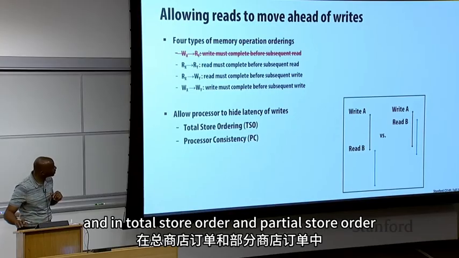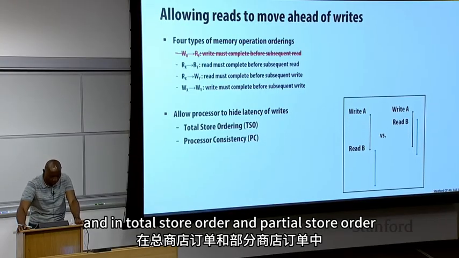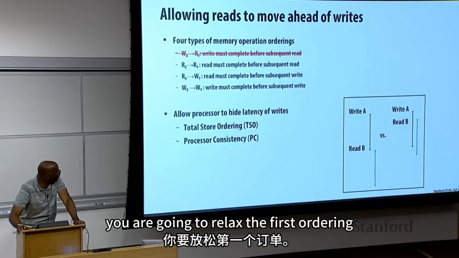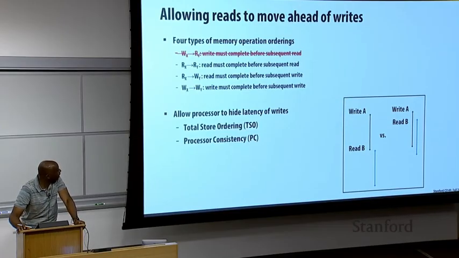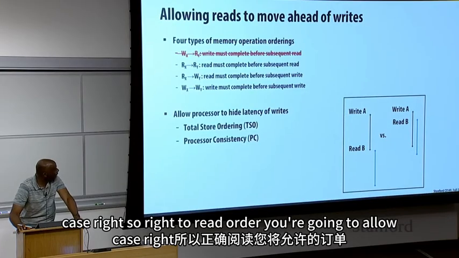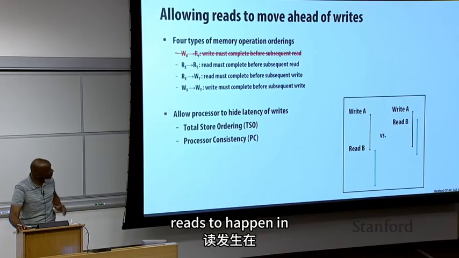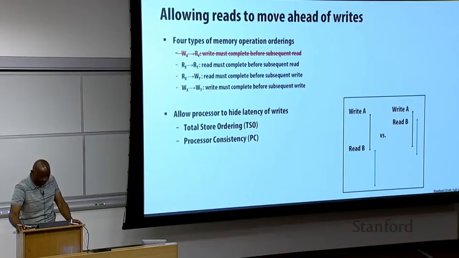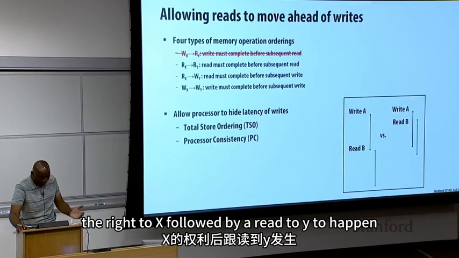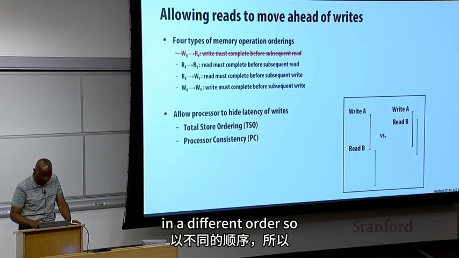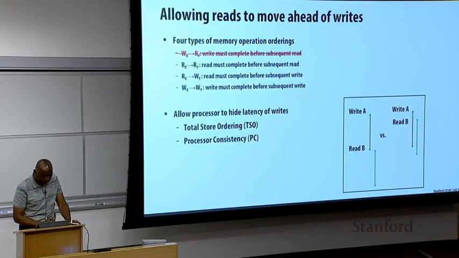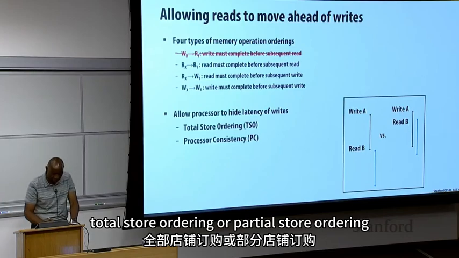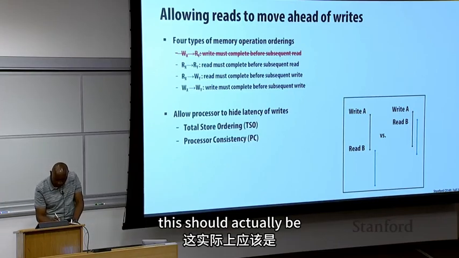And in total store order and partial store order, you are going to relax the first ordering case, right? So write to read order. You're going to allow a write to X followed by a read to Y to happen in a different order.